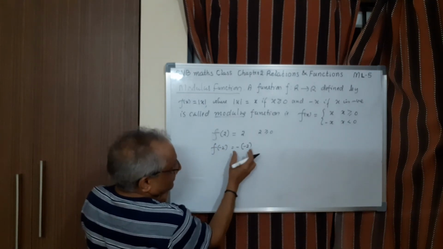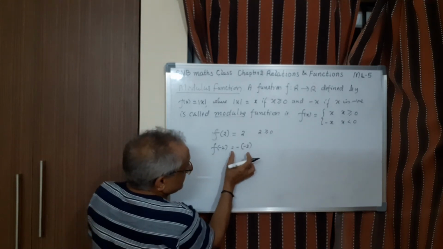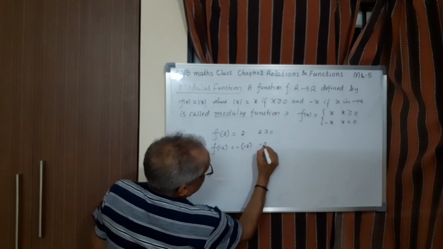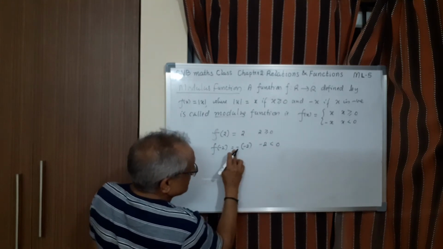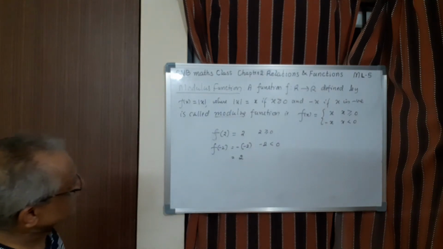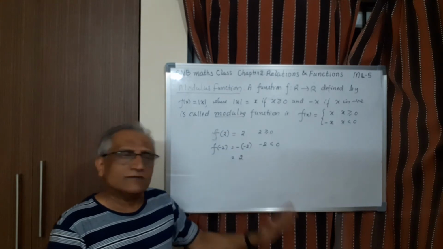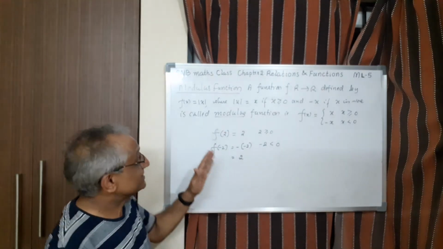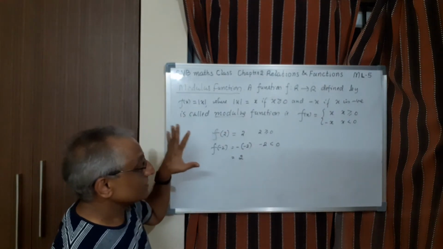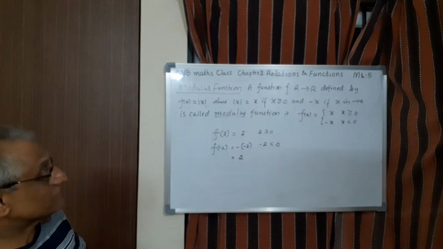Minus 2 is negative, therefore minus of minus 2 becomes 2. Therefore, as I told in the beginning, it converts every negative also into positive. Positive anyway is positive. So this is why it is called modulus function or absolute value function. This is a very interesting function.